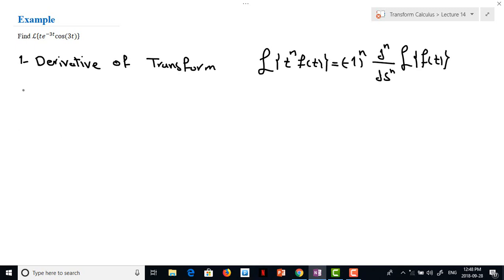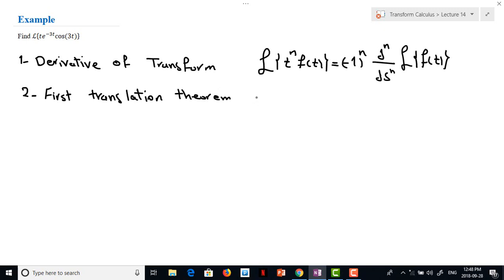The second property that we have to use is the first translation theorem. You have both these two properties, derivative of transform and first translation theorem, in the formula sheet.